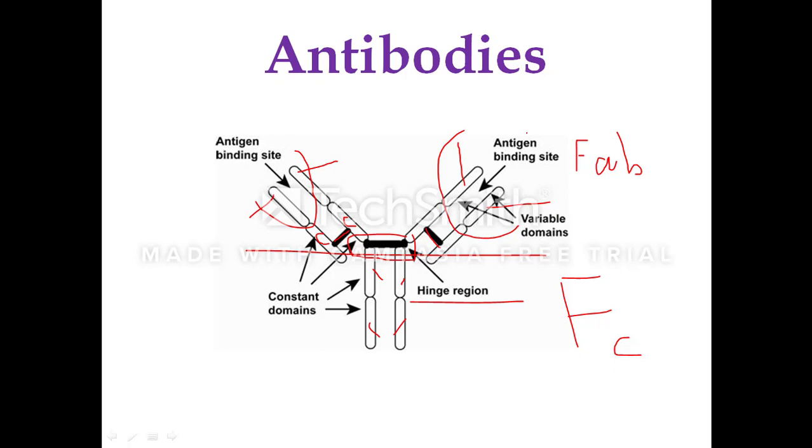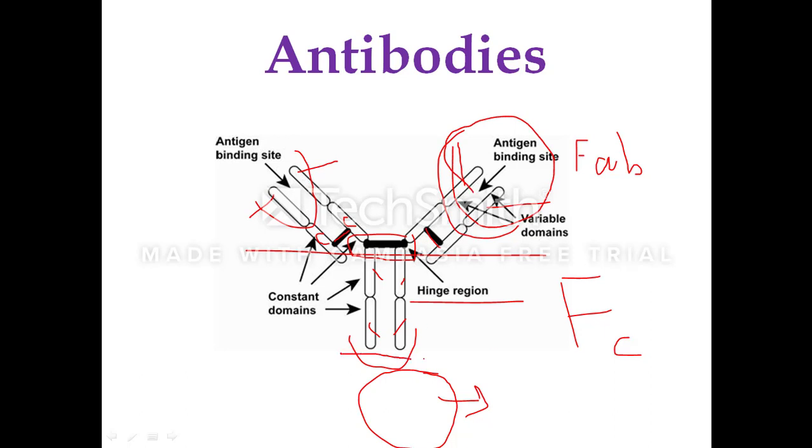FC region communicates with some cell surface receptors called FC receptors, and that feature of the FC region helps antibodies to stimulate the immune system. So these have receptors on the adjacent cells which are involved in the immune reaction, and hence they transduce the signal they perceive by binding to the antigen at the antigen binding site.